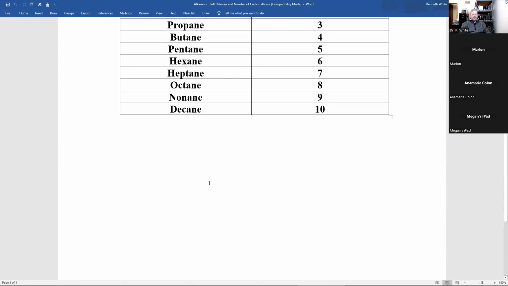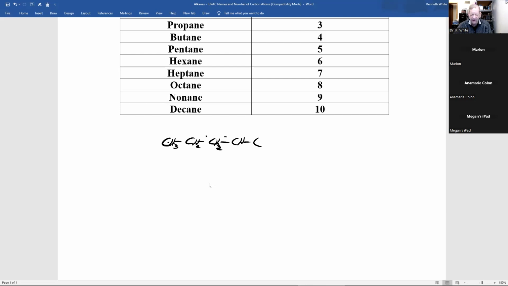What we mean by a straight chain is, say 5 carbons, pentane. Since there are 4 bonds to carbon, this first carbon has 1 bond to it, 4 minus 1, so it should have 3 hydrogens. This one should have 2 bonds to it, 4 minus 2 is 2.